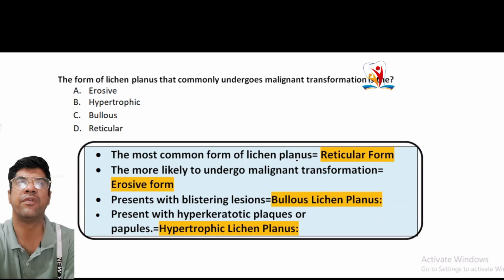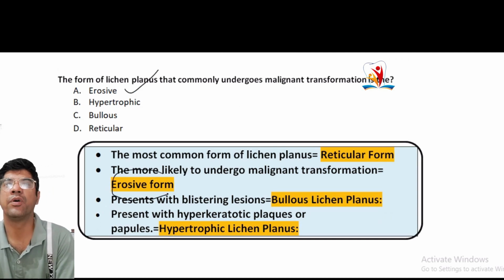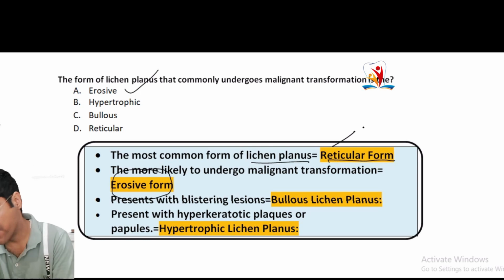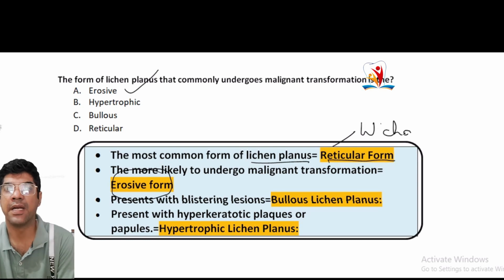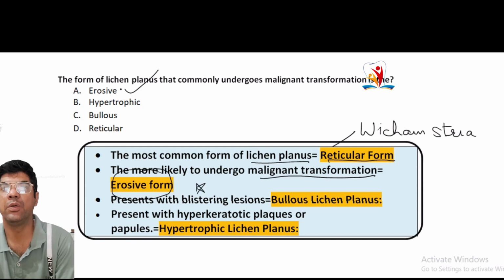Moving to next question, the form of lichen planus that undergoes malignant transformation is most commonly the erosive type. The most common form of lichen planus, if you remember for your exam, is the reticular form that shows Wickham stria. The one most likely to undergo malignant transformation is the erosive type.